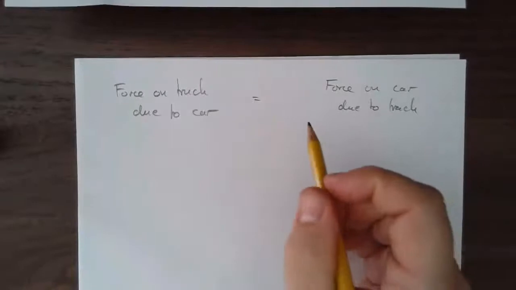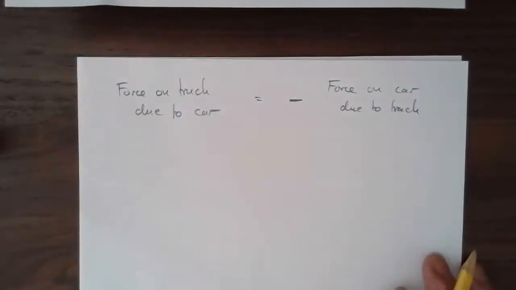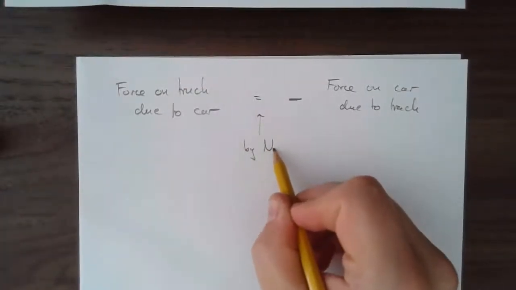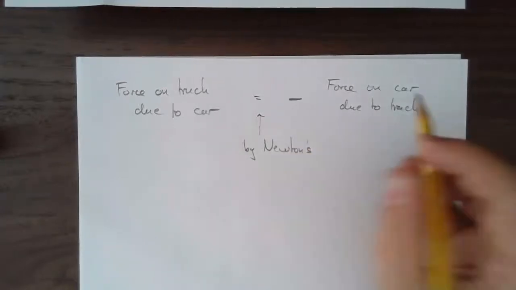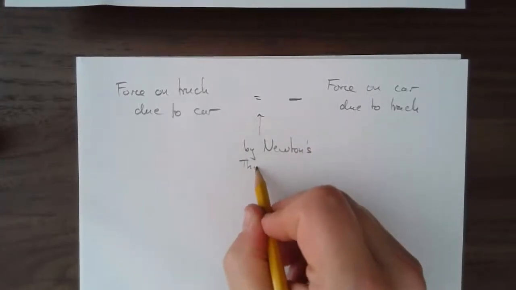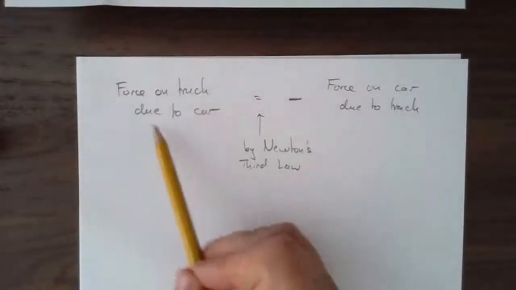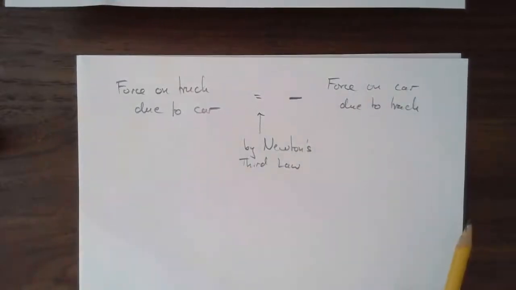And actually, because that's in the opposite direction by Newton's third law, you put a minus here. So this is true by Newton's third law. If you don't quite remember what that says, and you should, just pause the video and check that. So Newton's third law says the force on the truck due to the car is equal to minus the force on the car due to the truck.